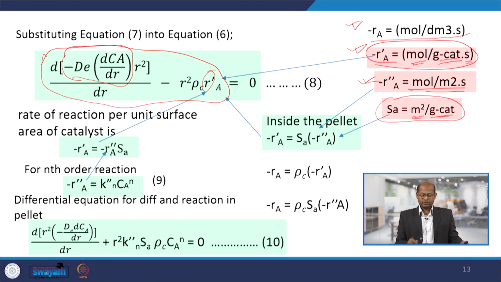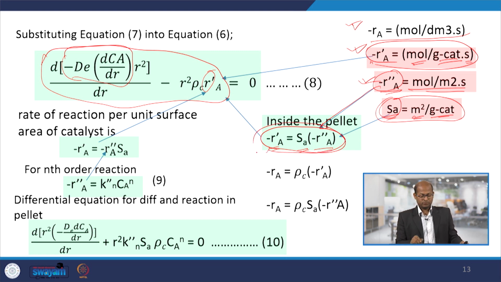Okay. So here R A prime we can write in terms of this. R A prime equals moles per gram of catalyst if we multiply the surface area with R A double prime. So then we will get R A single prime. If we multiply minus R A double prime, this rate, with the surface area, then we get the rate per unit mass basis.